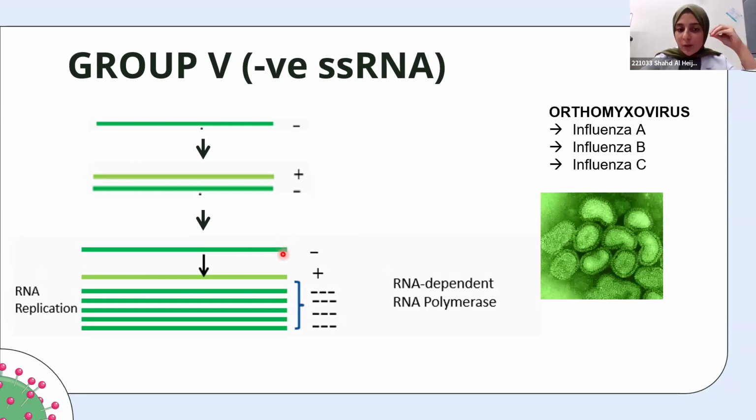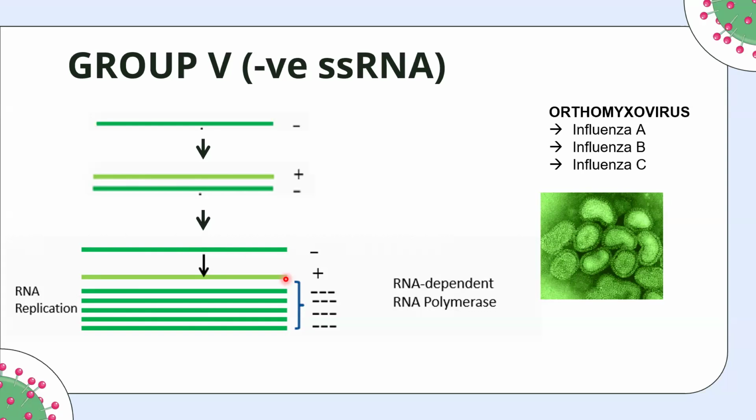No, you're using the negative strand to make the positive strand, then the positive will make the negative. You can't use negative to make negative directly. So I think either I misunderstood you or you did say something. No, we use the positive strand to make more positive. So either I miscorrected you or you misspoke.